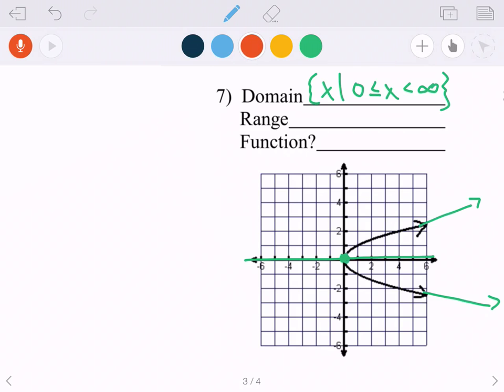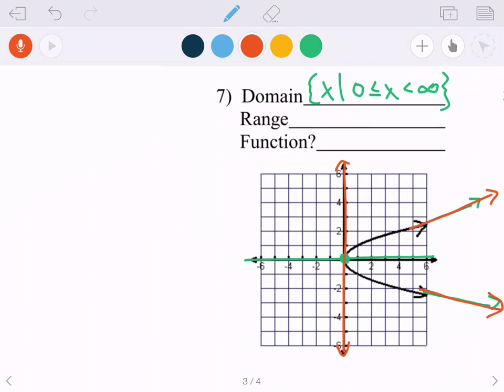Looking at the range, in red, we're concerned with the y-axis. So these lines, again, are going to spread up. They're going to continue going on forever and ever and gradually just getting wider and wider and wider.